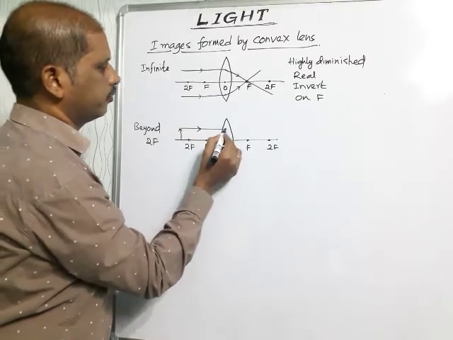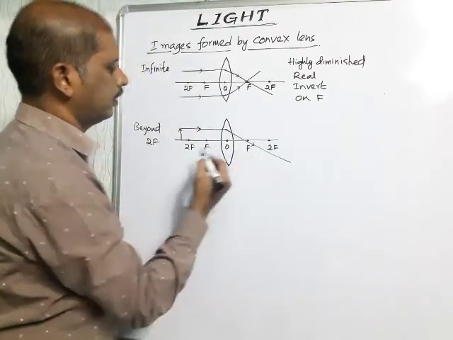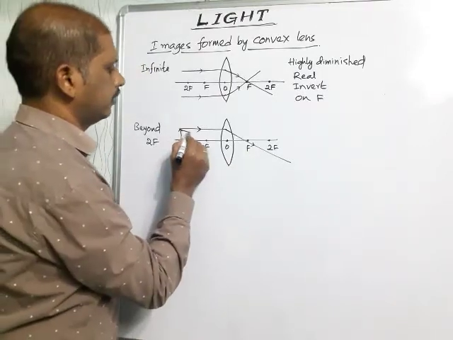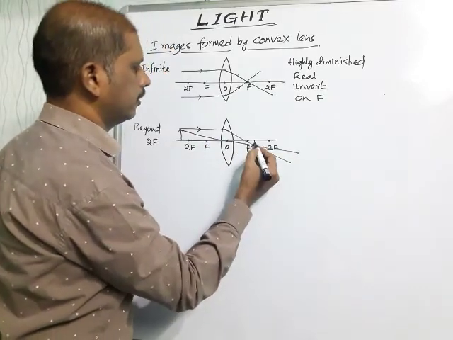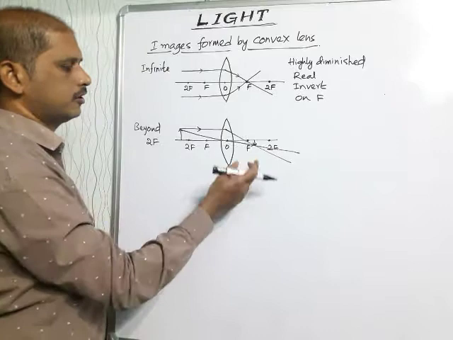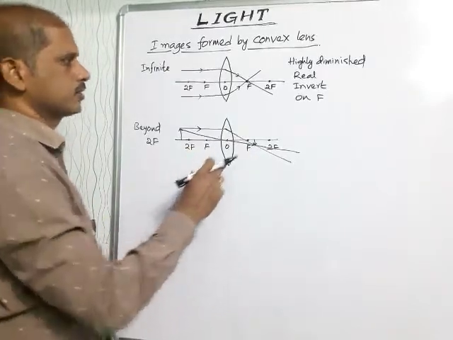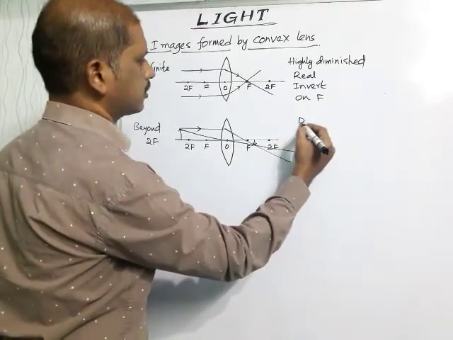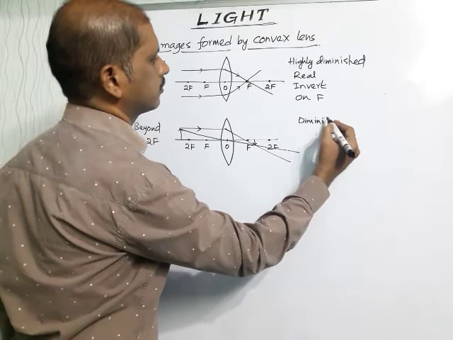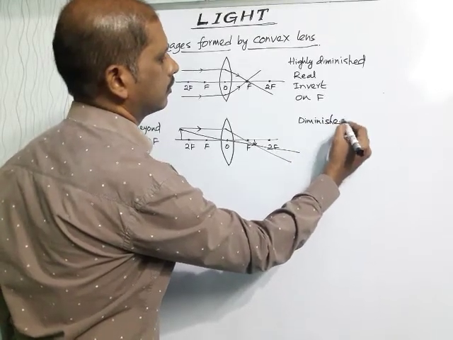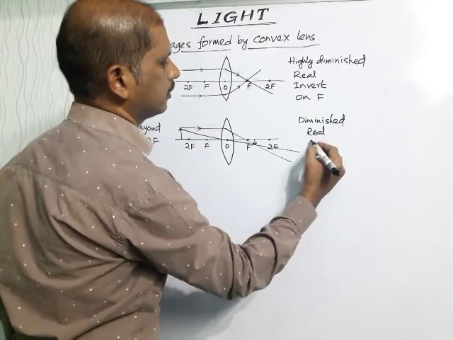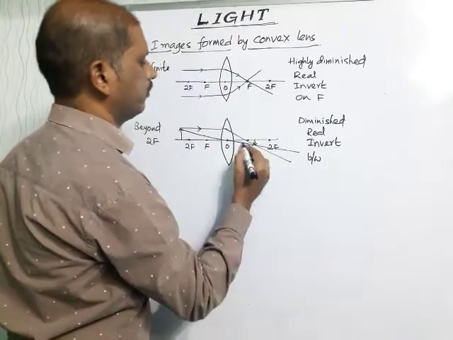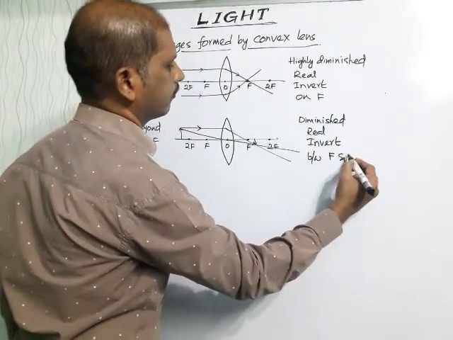After refraction it passes through the focus, and one more ray I will take passing through the optical center. Then the image is formed here. This is also an inverted, real image. The image is formed between F and 2f. This is a diminished image, real and inverted, and it forms between F and 2f.